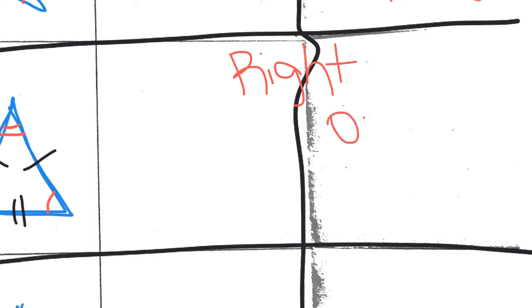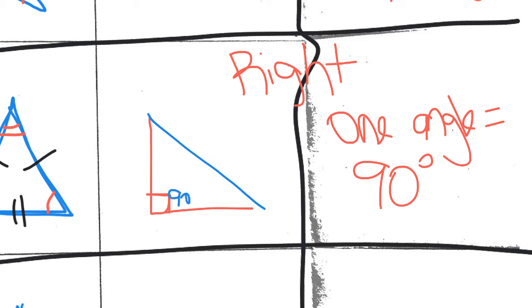So one angle equals 90 degrees. I would start this triangle by doing a perfect L, because that is my right angle, and then I can kind of just connect it. I'm going to use a different color. Then I can connect it from there. So you'll see this one down here is my 90 degree. Whenever you see that little box, that means it's 90 degrees, so this would be a right triangle.